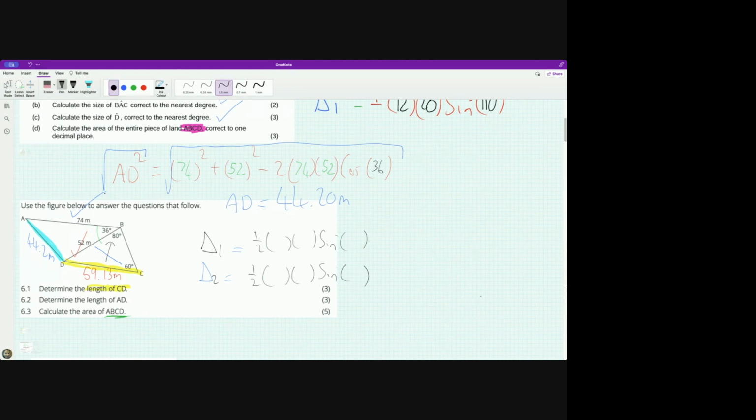So what have we got? We've got the second triangle has a bit of a problem. Who spots the problem with the second triangle? First triangle was easy.